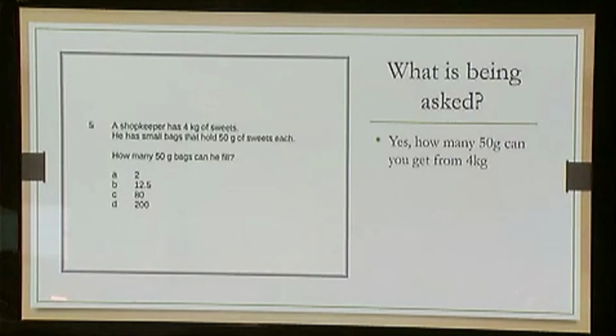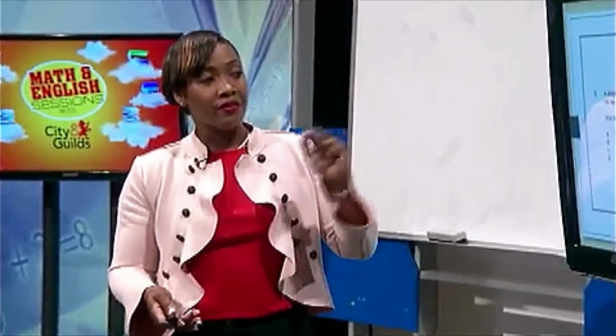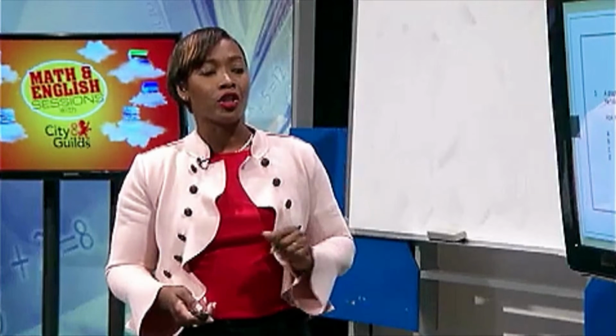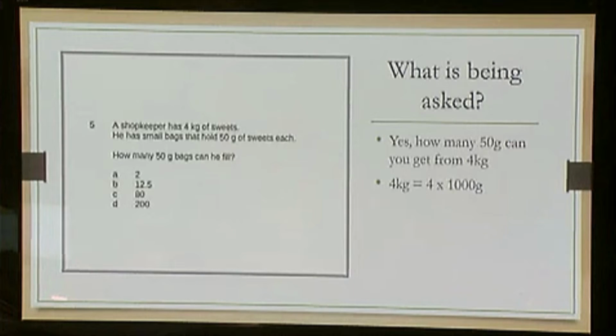So we want to put them on the same unit. Since we're working with the 50-gram bags, let us convert our 4 kilograms to grams. Now you should know by now that 1 kilogram is made up of 1,000 grams. So if we have 4 kilograms, we multiply 4 by 1,000 to give us the amount of grams.